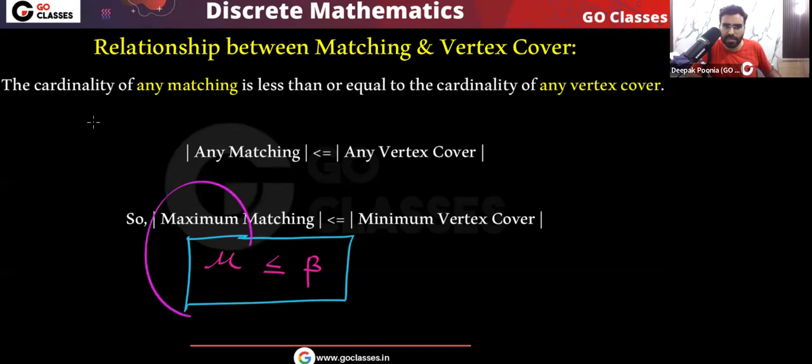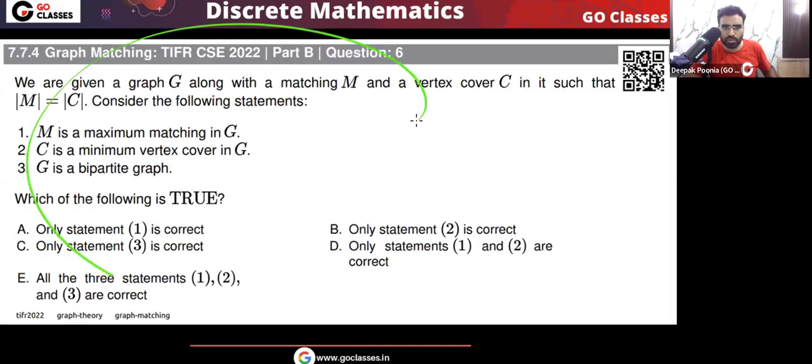Matching number is less than or equal to vertex cover number in any graph. Mu is always less than or equal to beta. This always happens. This relationship we need to use to solve this question.